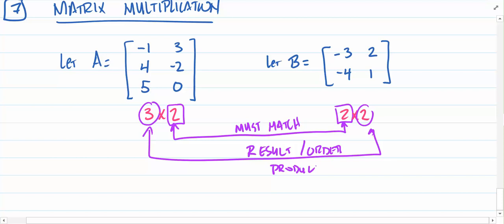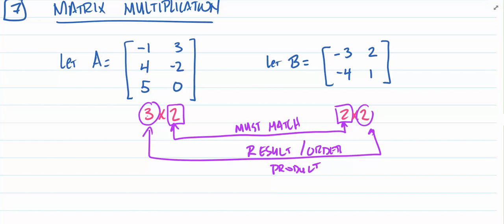So if I multiply a 3 by 2 by a 2 by 2, the inside numbers match, meaning I have permission, and the result will be a 3 by 2.